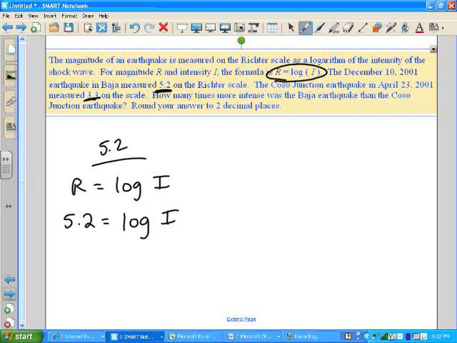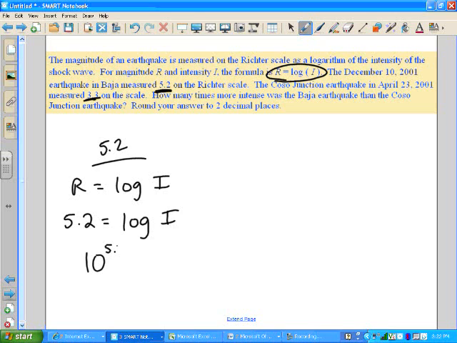So the exponential form, since this right here would be an understood base of 10, would be 10 to the 5.2 equals I. And so if I calculate here 10 raised to the 5.2 power, I get a pretty big value here.